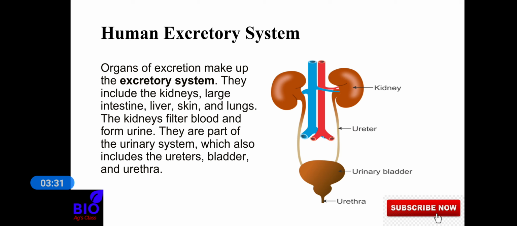The urinary bladder is a kind of bag that stores urine, and the urethra is a kind of tube that throws this urine or unnecessary elements out of our body. So these are the parts of the excretory system.